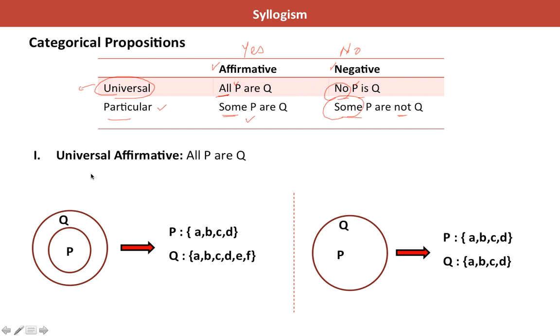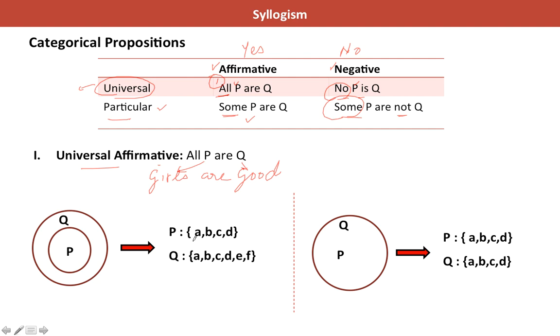Let's discuss the first type, which is universal affirmative. So I have this one here, universal and affirmative. All P are Q. It means, let's say I say all girls are good. So here P is girls and Q is good.